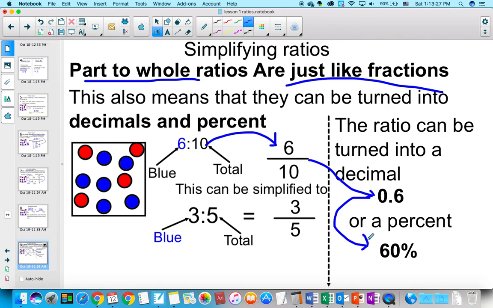You should know by now how to convert fractions to decimals to percents. We're just adding one more thing, and again, part to whole ratios that represent the total number of objects you're looking at can be converted into fractions and then into decimals and percents.